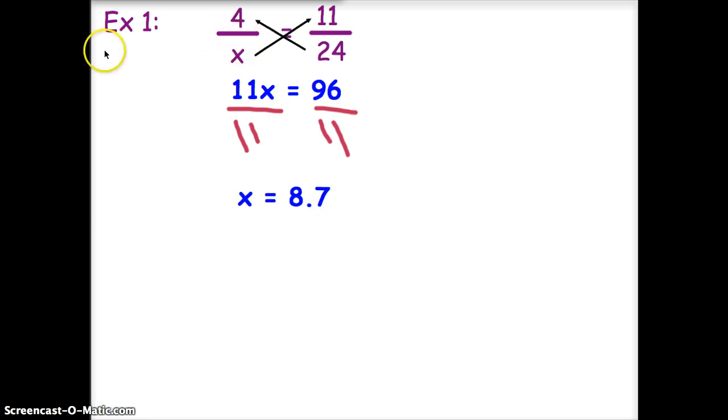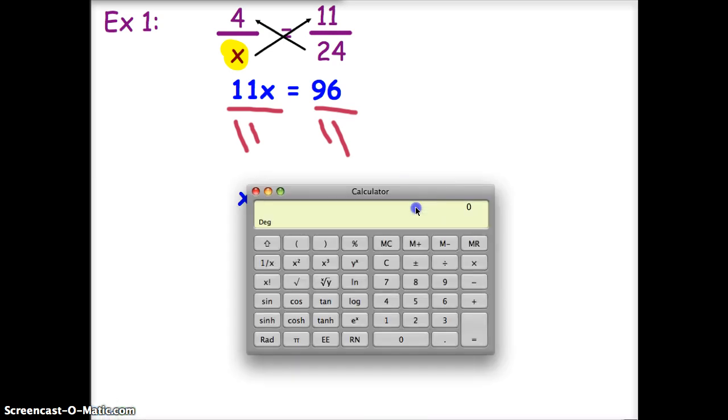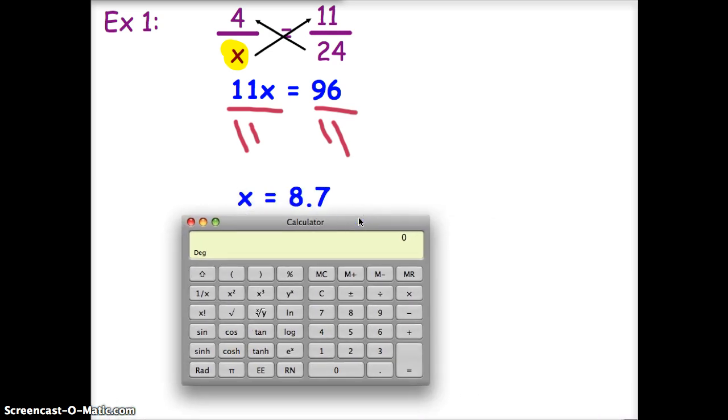If we were to substitute that back in for our x and make that 4 over 8 7/10, the fraction should be relatively close. They may be slightly off because of rounding, but let's double check. 4 divided by 8 7/10, so that's 0.45977, and so on.